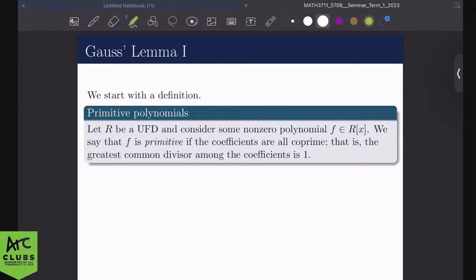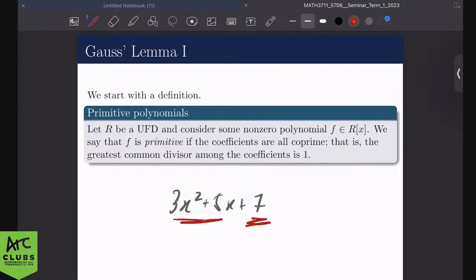Now, f is primitive if all of the coefficients are co-prime, which means the greatest common divisor amongst the coefficients is equal to 1. So for example, an element like 3x squared plus 5x plus 7, all of these coefficients are co-prime, right? The greatest common divisor among the coefficients is equal to 1, which means that it's primitive.